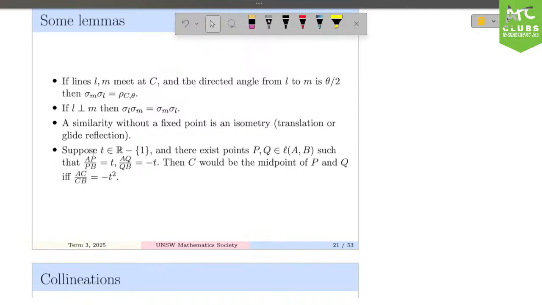So, suppose that T is in the set R minus 1.